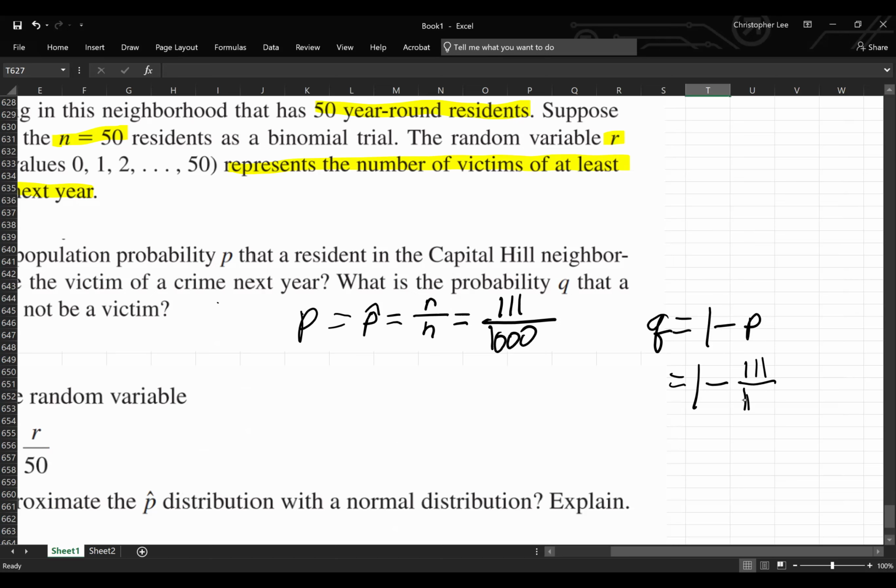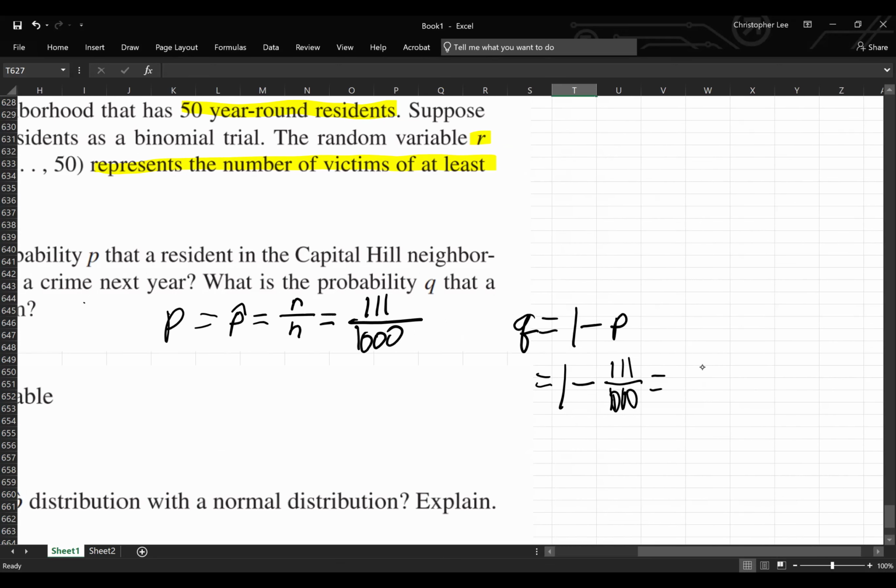111 over 1,000. Little bit of math, you get the answer, right? So it's 1,000 over 1,000 minus 111 over 1,000, the Q formula.